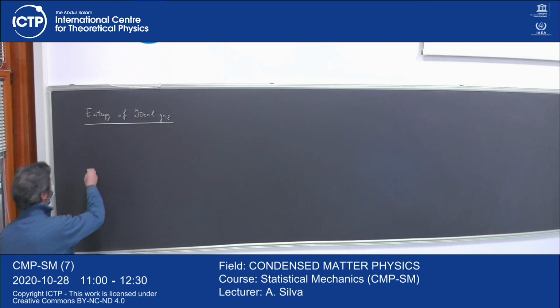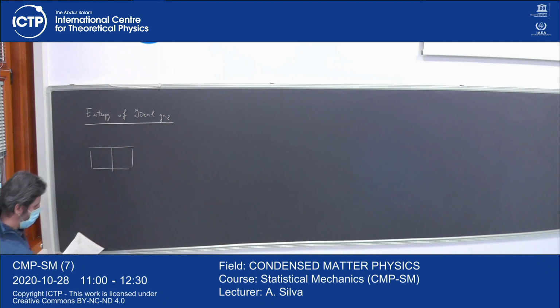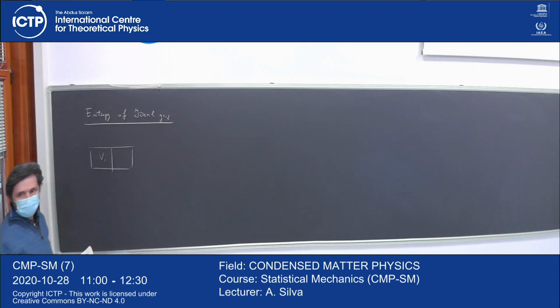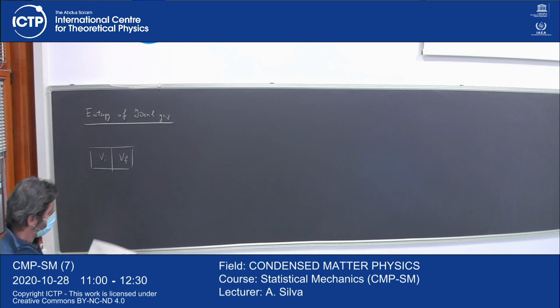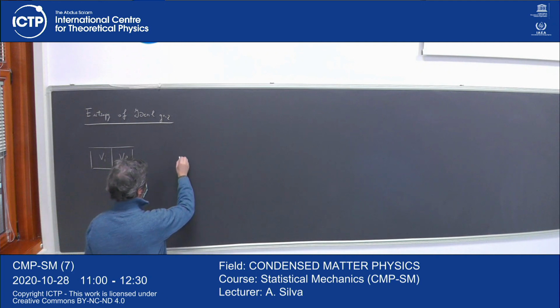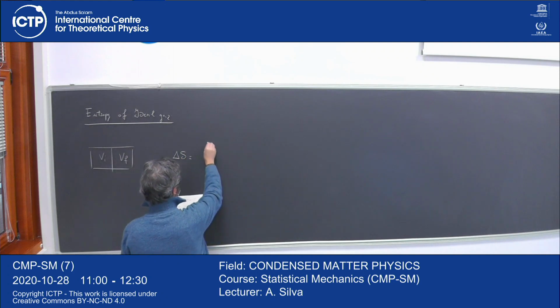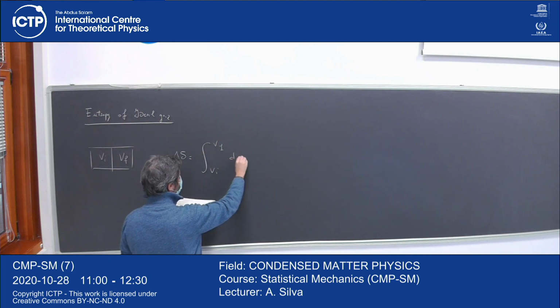So let's start with an exercise. The exercise is the following. We have an ideal gas that is sitting inside a volume V_i, and we make a free expansion up to V_f, and we ask ourselves, what is the change in entropy? Delta S. So delta S is equal to the integral from V_i to V_f of dS.